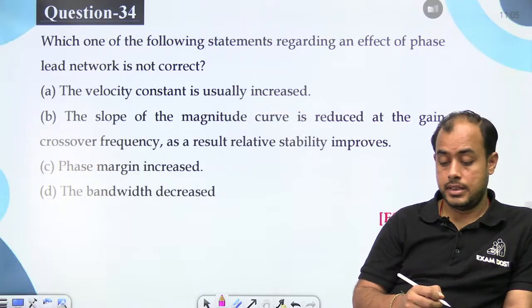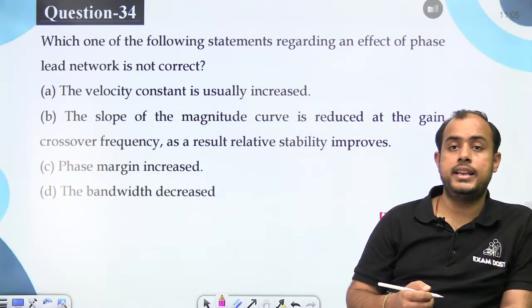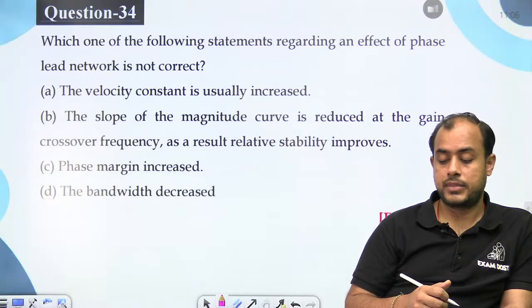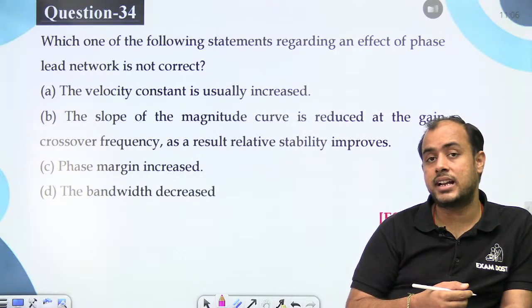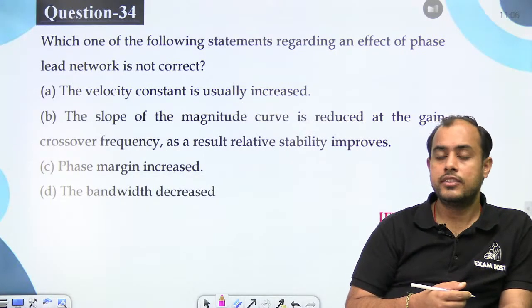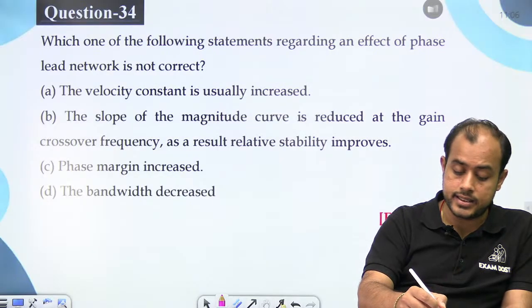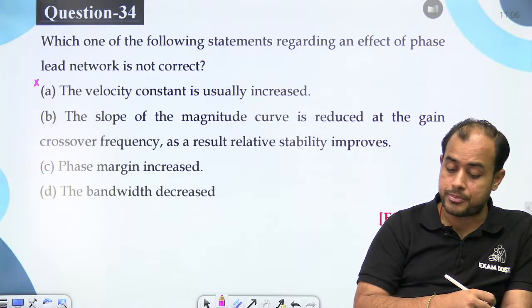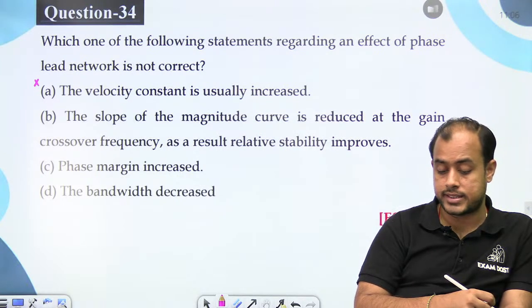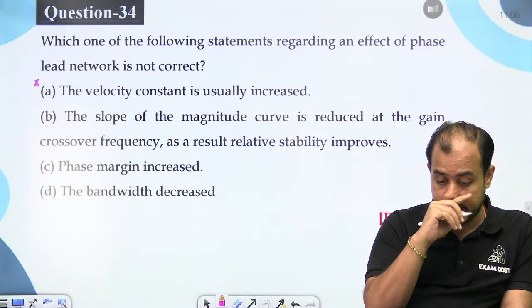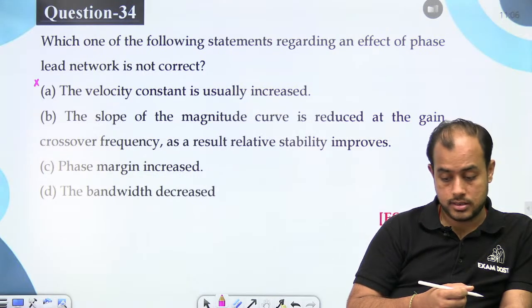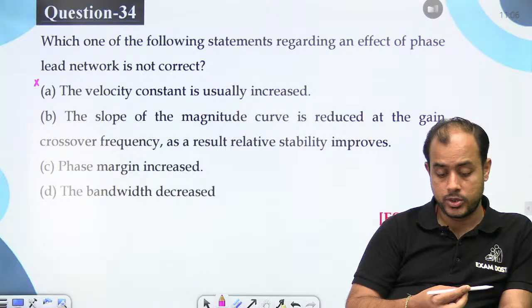Okay. ESE 2020. Effect of phase lead network. As I told, lead network is like a derivative controller. Velocity constant is increased? No, it is decreased. Slope of magnitude curve is reduced at the gain crossover frequency. As a result, relative stability improves. Slope of magnitude curve is reduced.